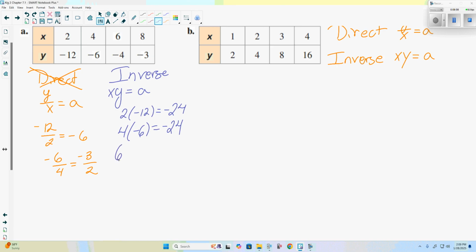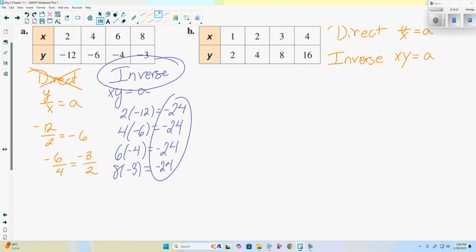How about 6 times negative 4? Negative 24. And lastly, 8 times negative 3. Negative 24. So if we notice here, the a value, when we multiply the x and y values, is the same for all four, yes? Which means this is an inverse variation because we get the same value of a across all four.